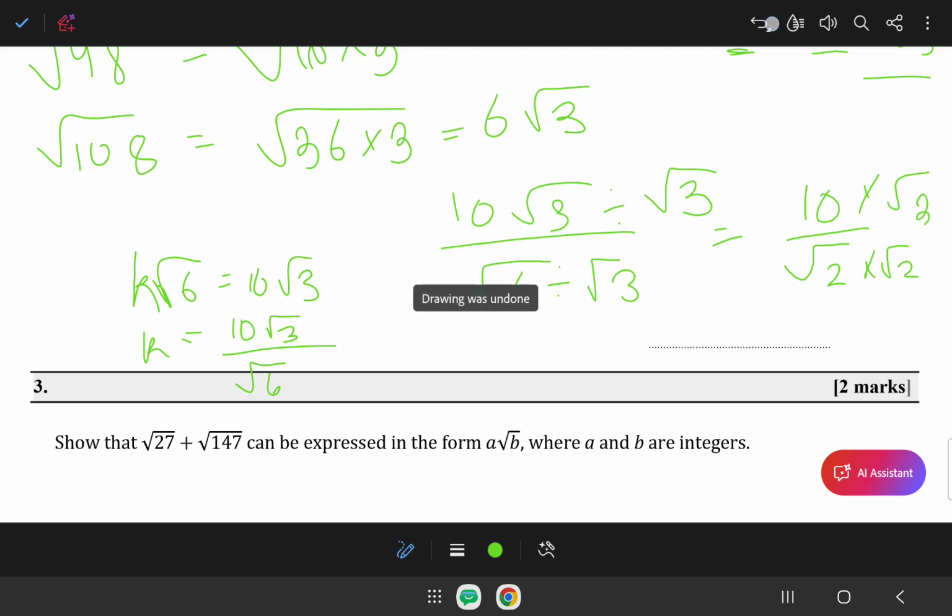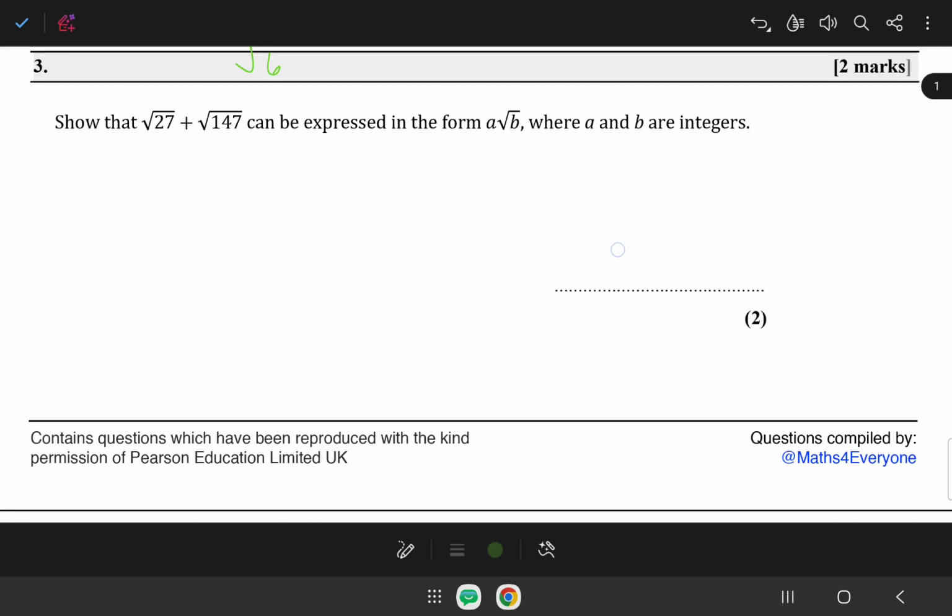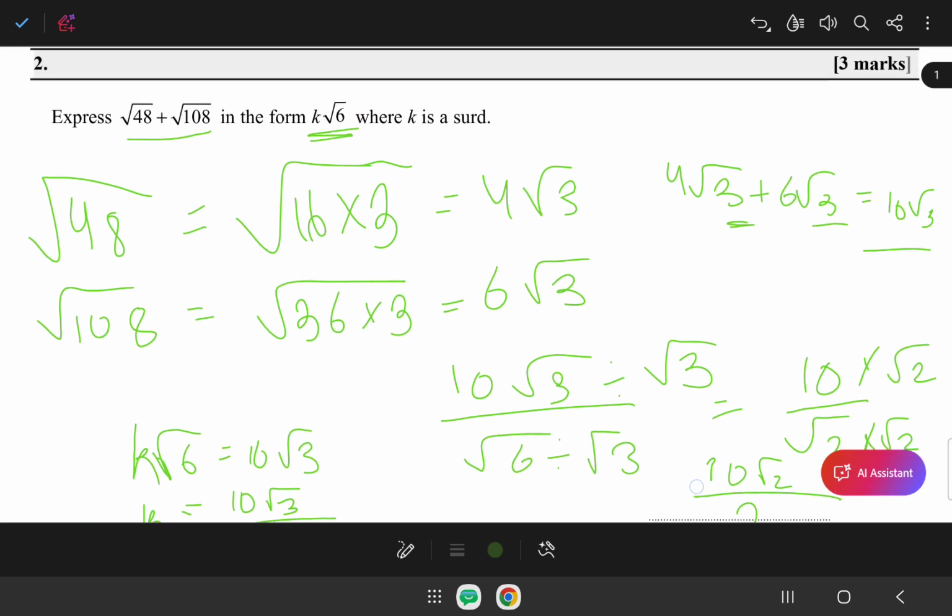That gives 2 times root 2 at the bottom: you multiply the numbers inside the roots, which equals 4, and root 4 is 2. So we have 10 root 2 over 2. It's kind of a lot, but that was for 3 marks.